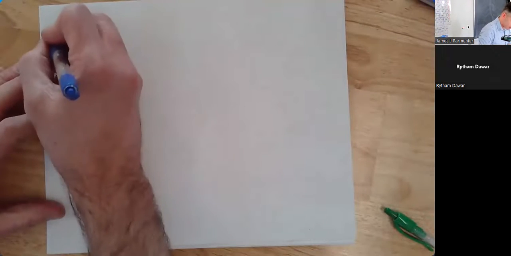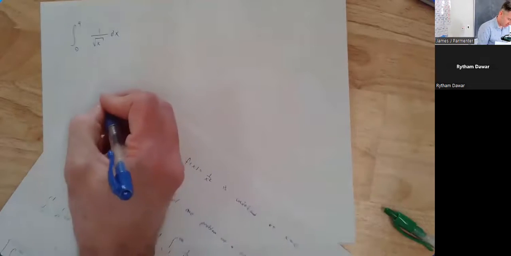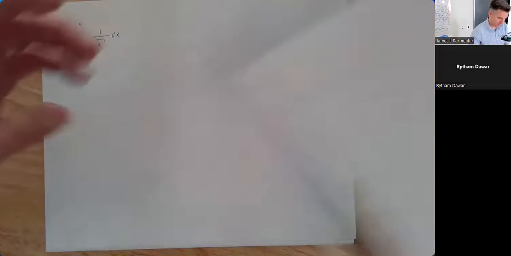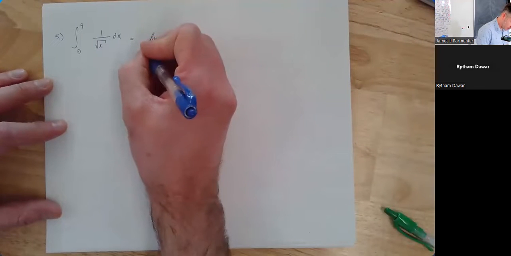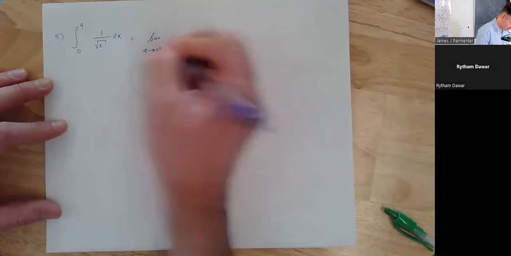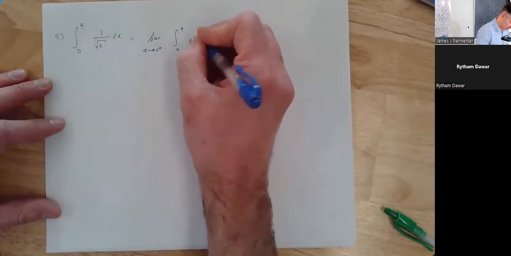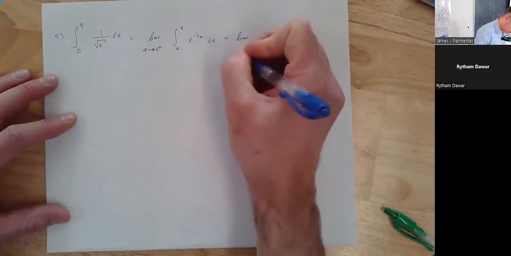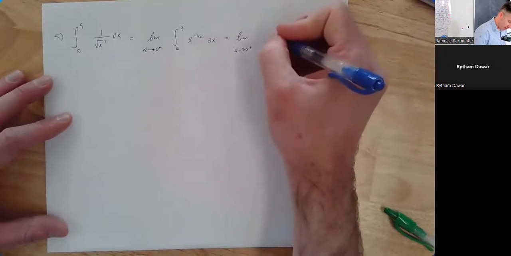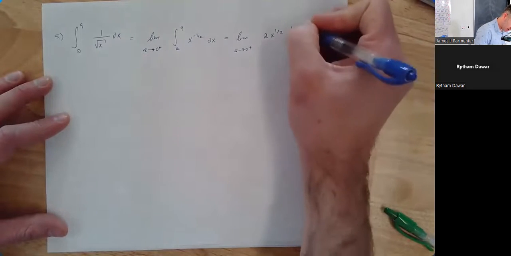So I'm going to rewrite this as the limit as a approaches 0 from the right of the integral from a to 9 of x to the -1/2. And then we're going to integrate: the limit as a approaches 0 from the right of x to the +1/2 divided by 1/2 from a to 9.